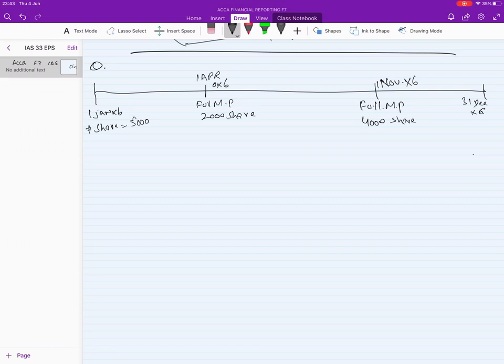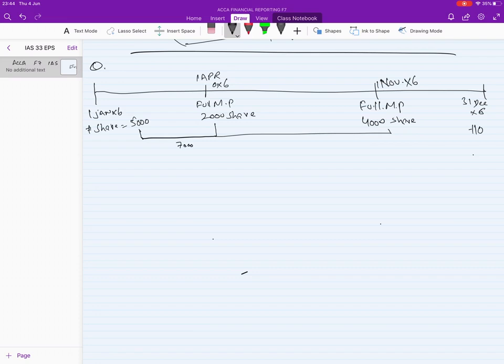By the end of the year, how many will they have? They were having 5,000 shares before. In April they issued 2,000, so 5 plus 2 is 7, and then 7 plus 4.